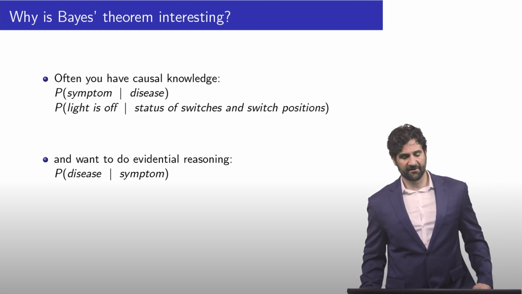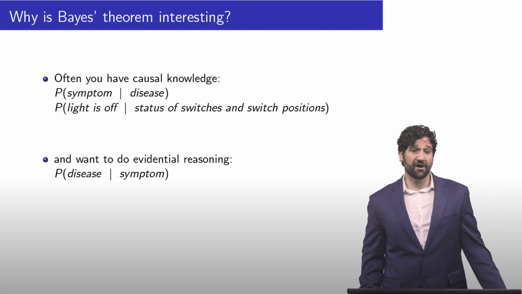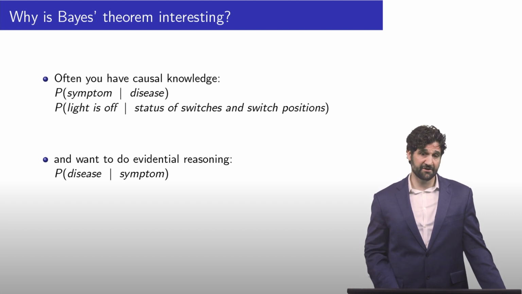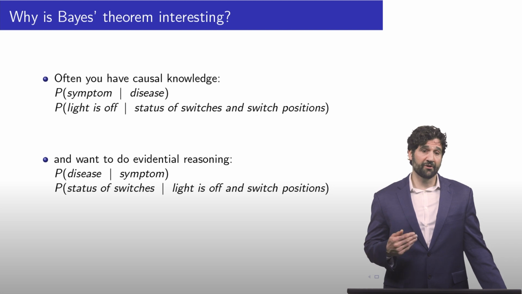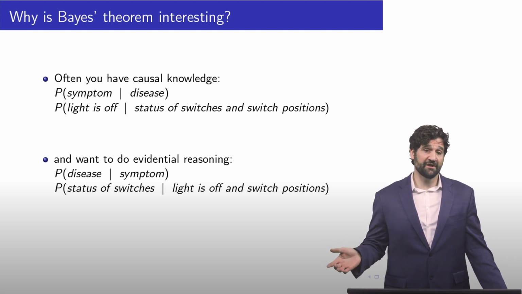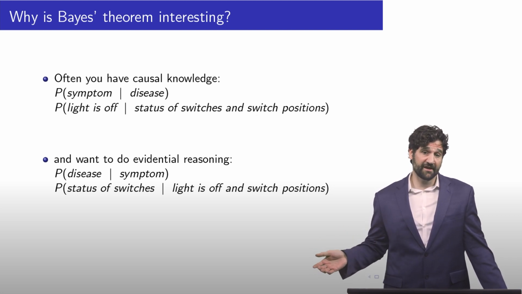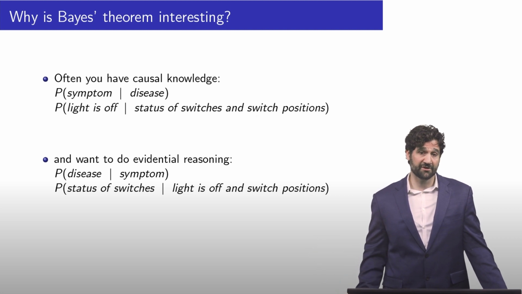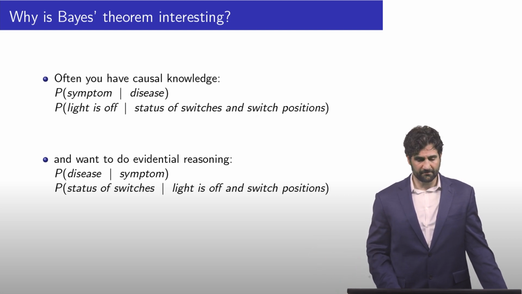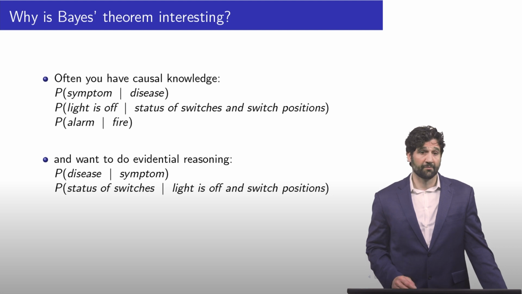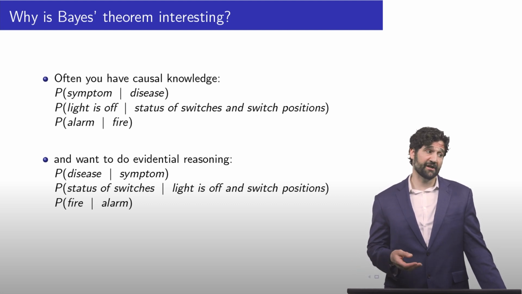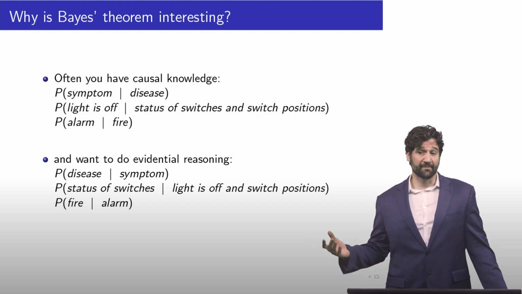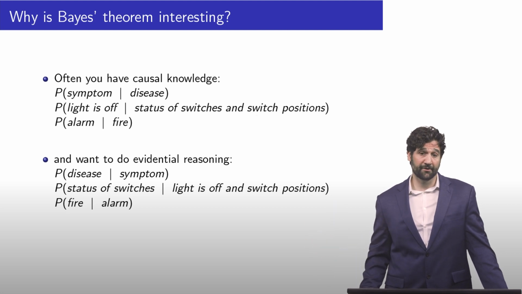We can also think of the probability that a light is off given the status of switches. But we want to know the probability of the switches being in a certain status given that the light is off. Or the probability that the alarm goes off given a fire, and the probability that there's a fire given an alarm, especially where the alarm might sound for improper reasons.